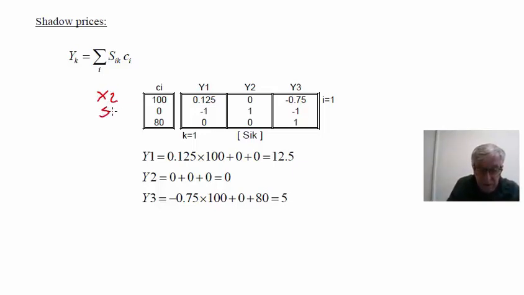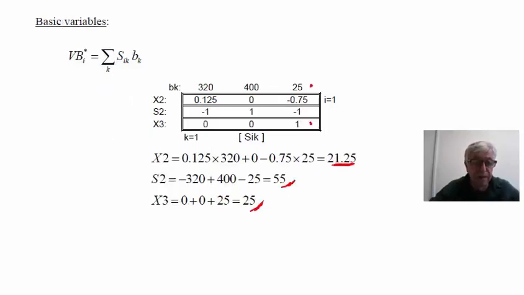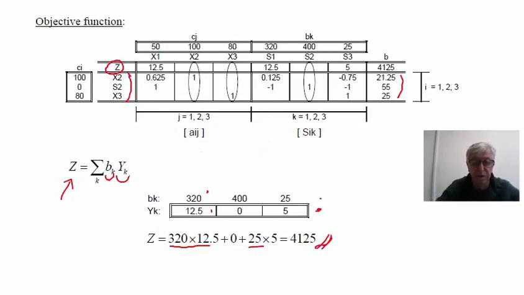Here is the coefficient of s2 in z, which originally is 0, and the coefficient of x3, as we saw before. So these are the final basic variables, and these are the coefficients of the original z of these variables.